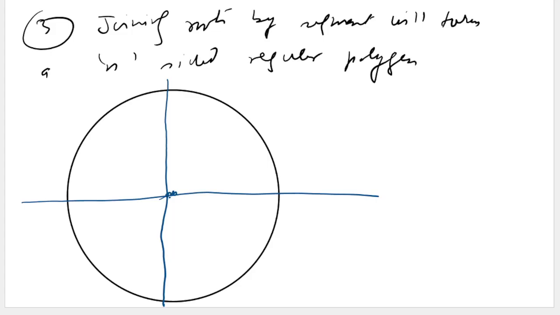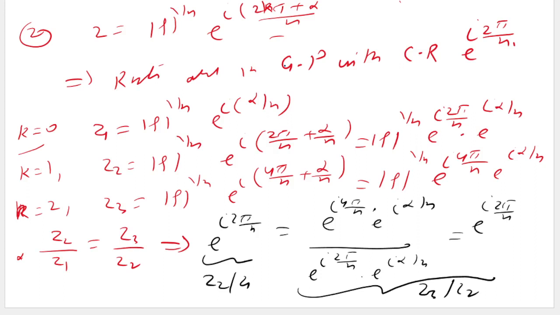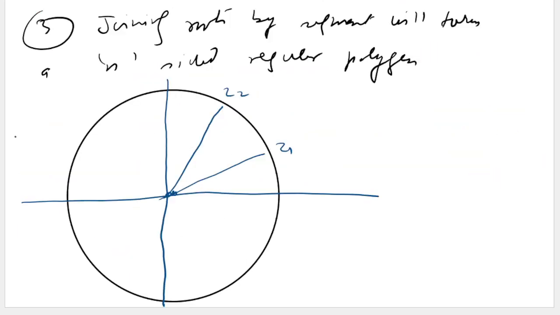All the roots z1, z2 will lie on it. Let's say this is z1, this is z2. We have discussed that z1 is e to the power i alpha by n, and z2 is e to the power i 2 pi by n into e to the power i alpha by n. The radius of this particular circle will be rho to the power 1 by n.